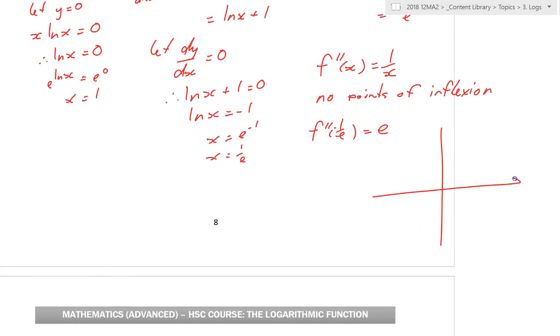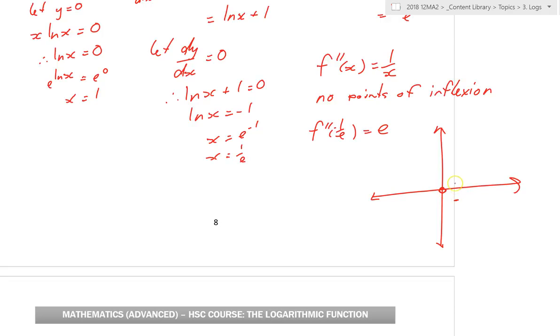Here's my sketch. I know that it is a steady up. I've kind of got to infer, and there's a little bit of magic that goes on there. I'll have to explain that in class.